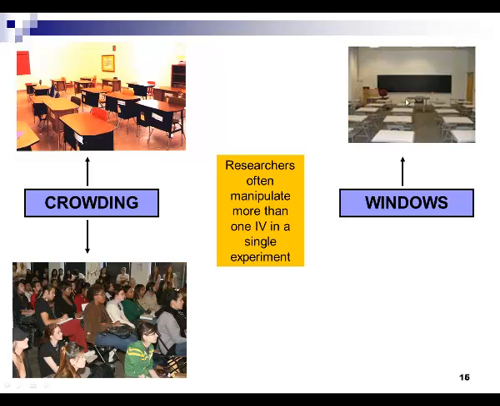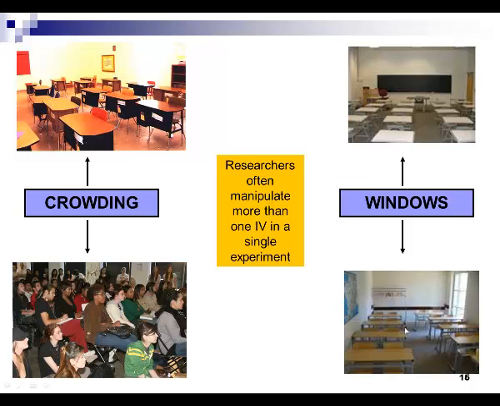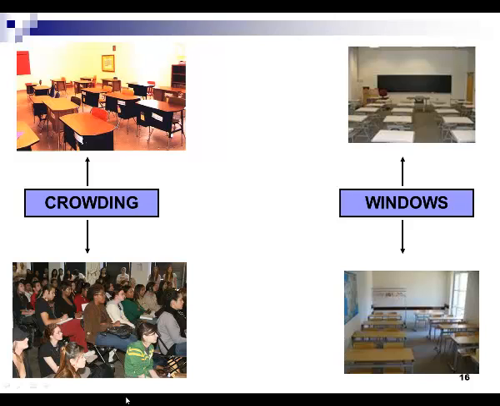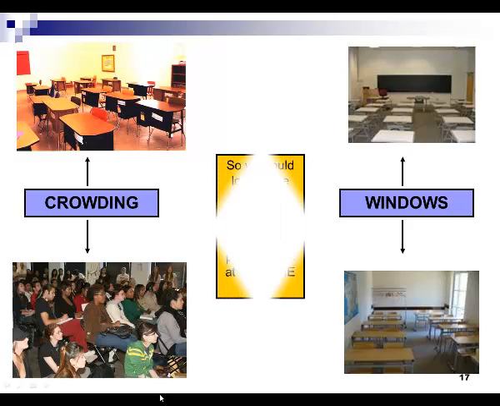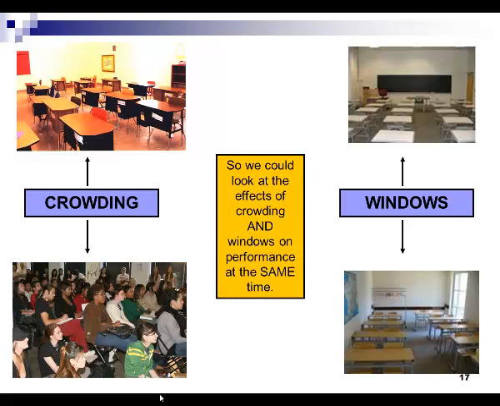And then we add a second independent variable, no windows and windows. When we use multiple independent variables, it mimics or is more like real-world conditions. So we could look at the effects of crowding and the effects of windows on performance at the exact same time.